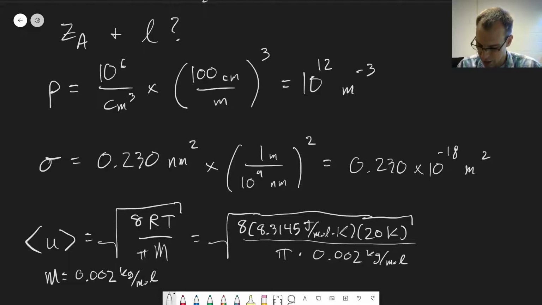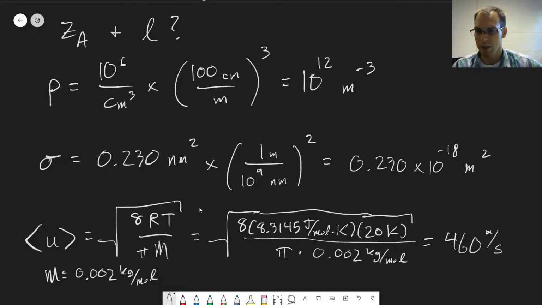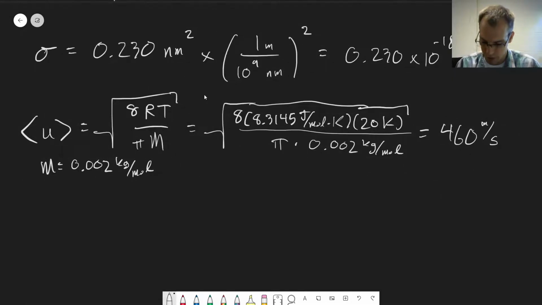And the kilograms will cancel in the joules, which will leave us meters squared over seconds squared, which will give us meters per second. So all of our units work out because the moles and Kelvin are going to cancel as well. So if we plug all those numbers into your calculator, you should get an average speed of 460 meters per second. And now we have everything we need to calculate the collision frequency, ZA.